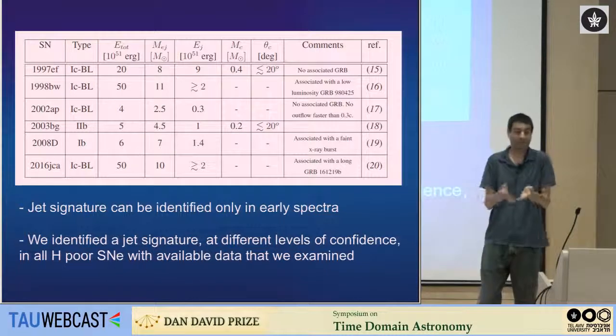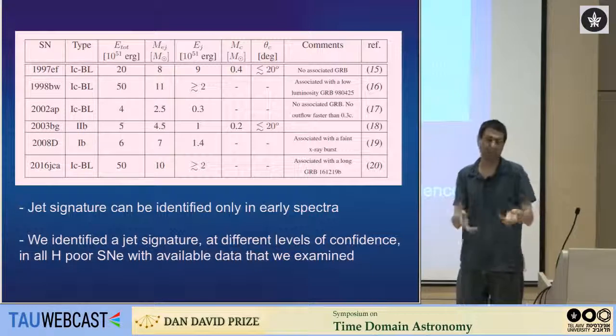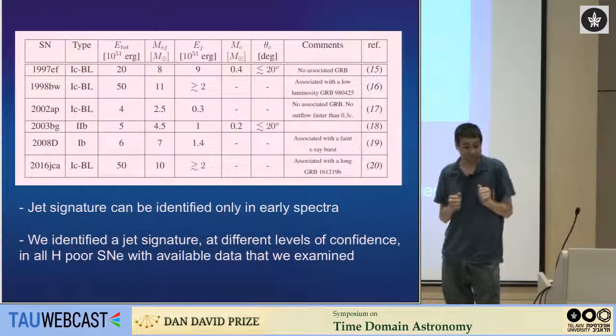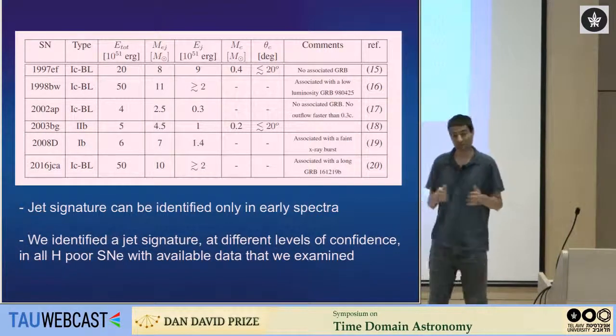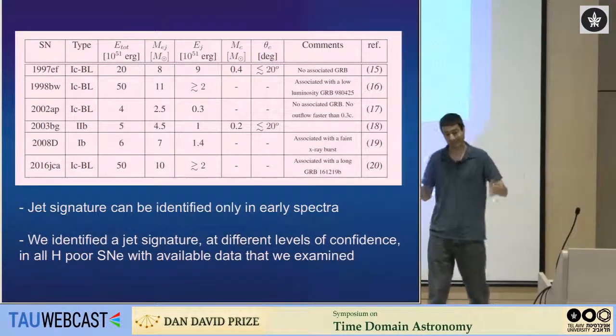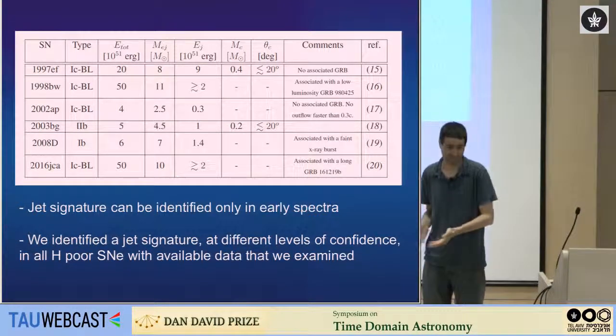Then he plays with this and asks what distribution I need to put in to get what I see. The solution is not unique, but in order to have line blending at the level observed, you do need material moving fast enough, and enough material doing that.